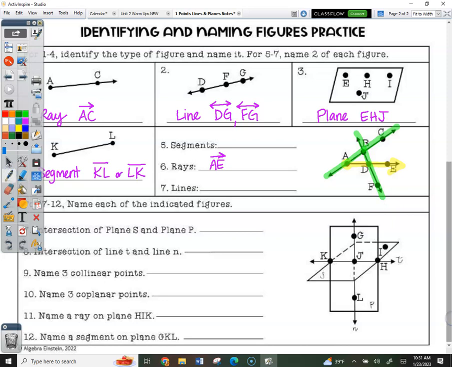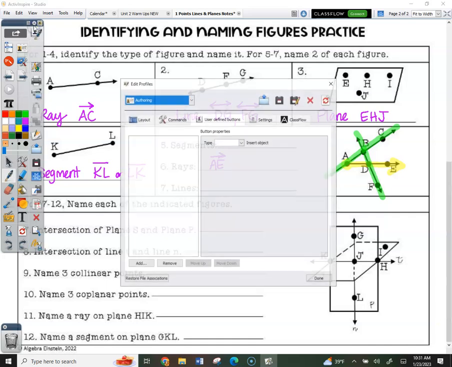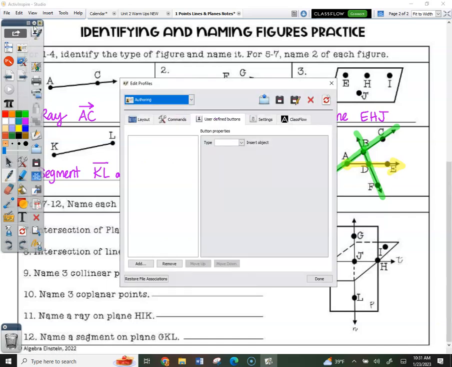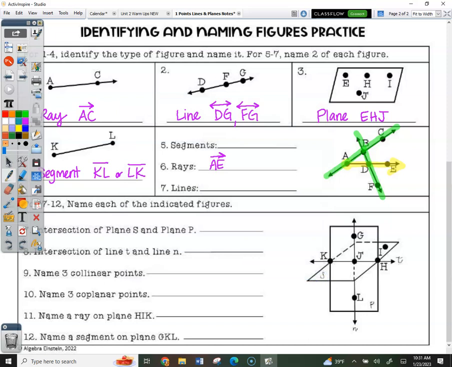All right, let's go to the bottom. What is the intersection of the 2 planes? There's only one answer here, and that would be this segment, K to H. If you said K to J, that would mean that you're implying that the rest of that segment is not shared between the two planes when it actually is.